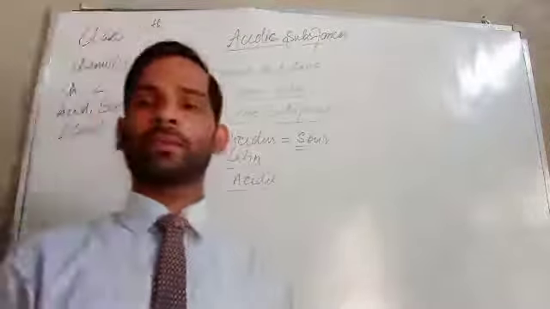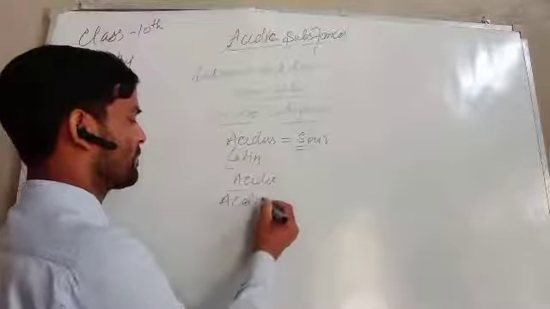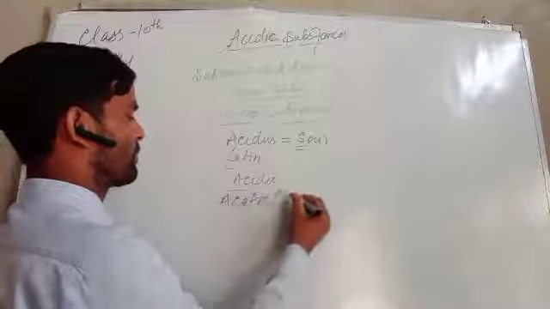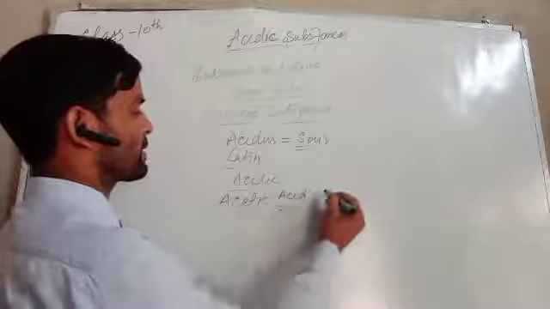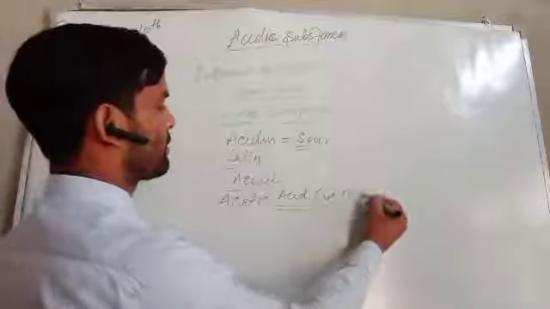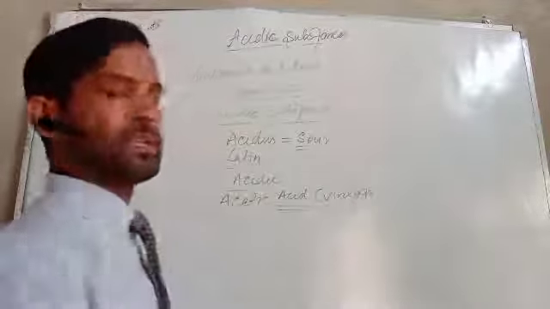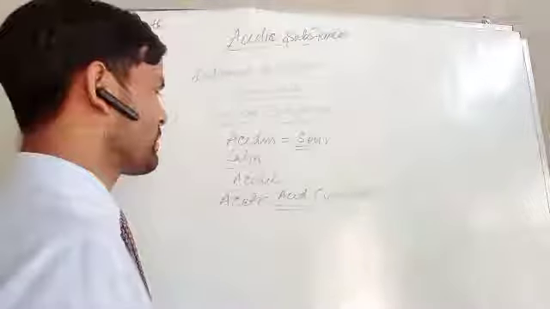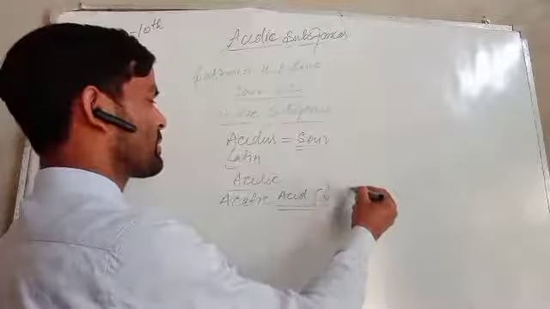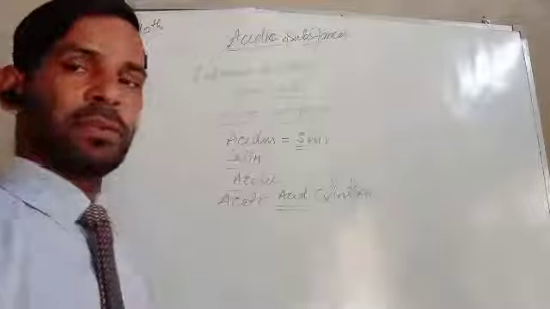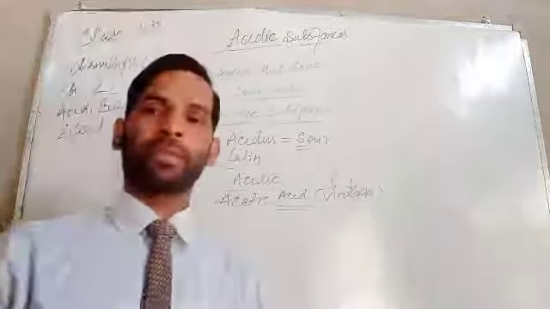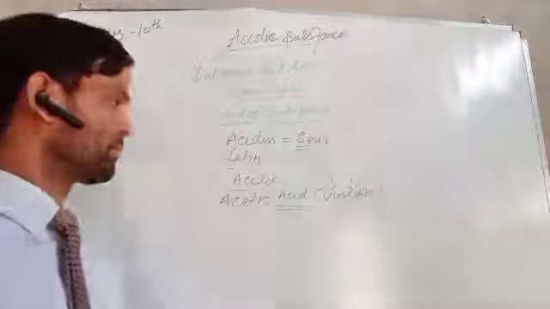We know very well there is acetic acid, citric acid, also called vinegar, which is derived from acidic substances, and this can be used as a food preservative.